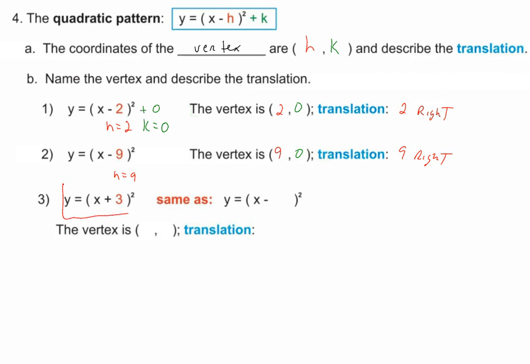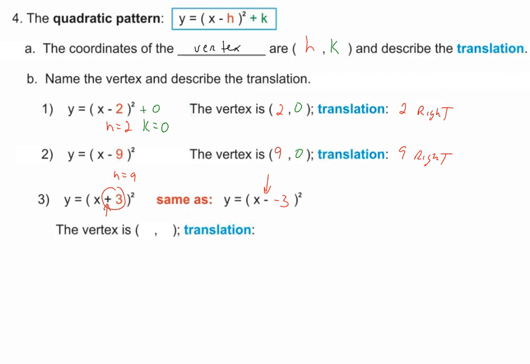We went through these with absolute value. And again, we have to understand how we read the value of h. The value of h is read after a negative sign. We don't have a negative sign. So I'm going to rewrite this with a negative there. Now, the way you come up with a positive 3 is if you have a negative 3.